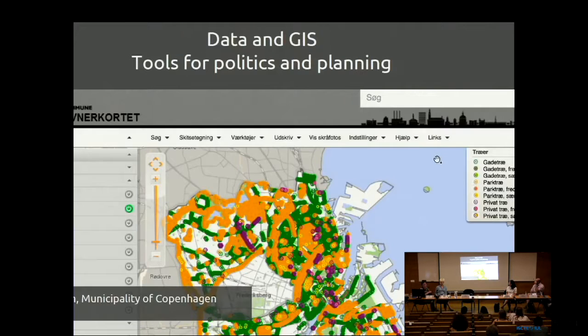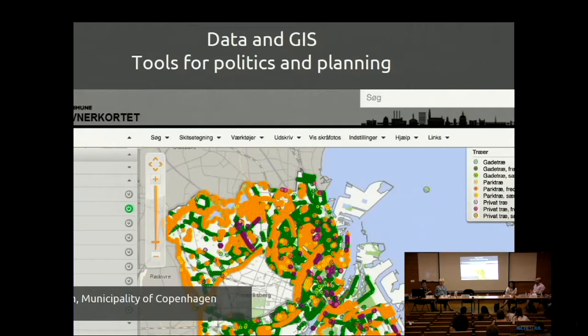The third element of this context is that data and GIS are more and more used as tools in politics and in planning. This picture is a map of a public GIS system where the municipality shows the data they have about the city, and everybody can access it.